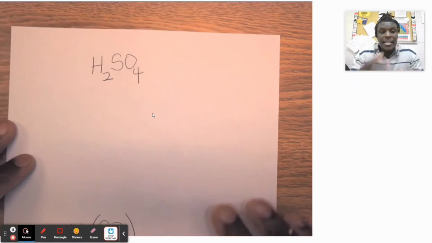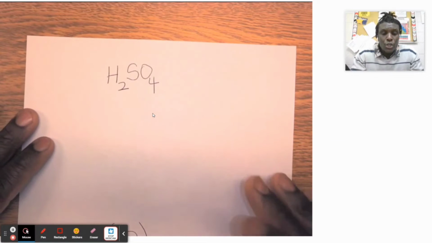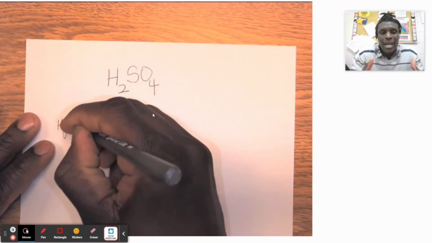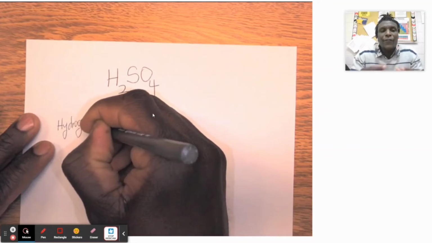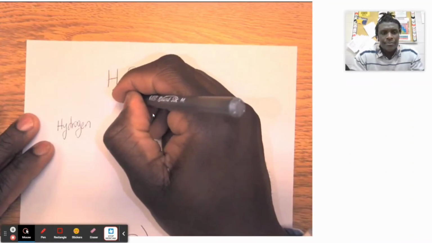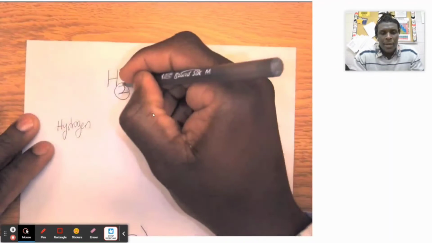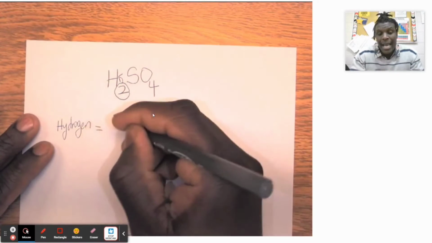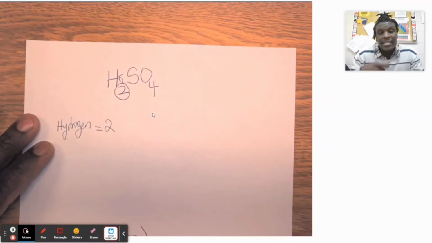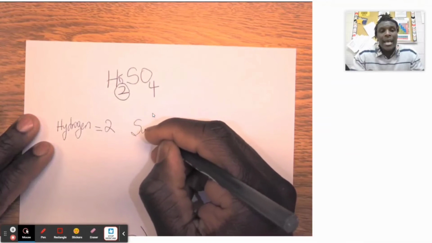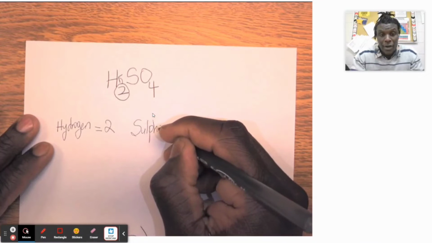Let's try another formula unit. This one is H2SO4. The common name for H2SO4 is sulfuric acid. All right? So here we go. Hydrogen, as we know, the number below the element represents the amount of that element. So we have 2 hydrogens. S represents sulfur.